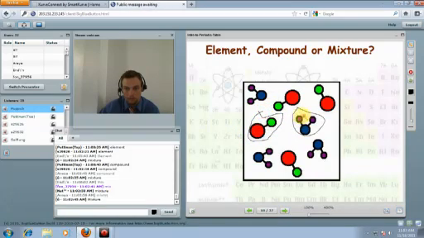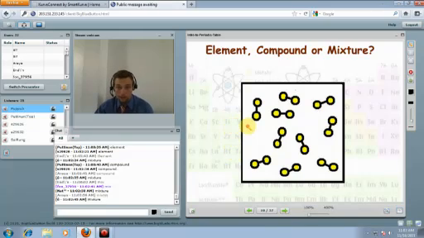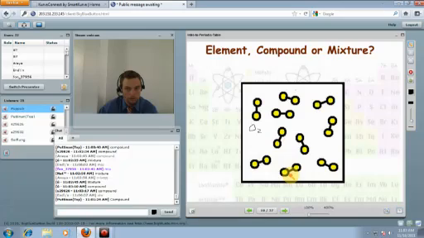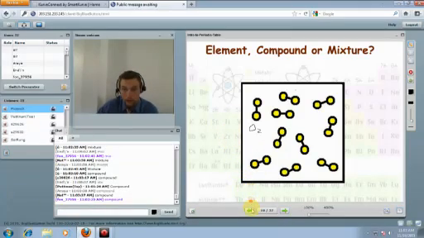Because it's mixed with this other substance, it is a mixture. This looks just like O2. We talked about it first. Okay, so let's go back. Let's go back here.